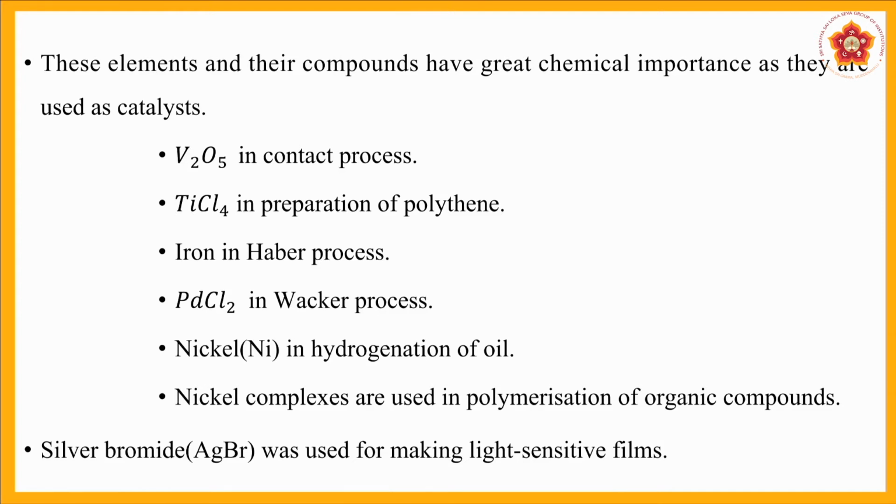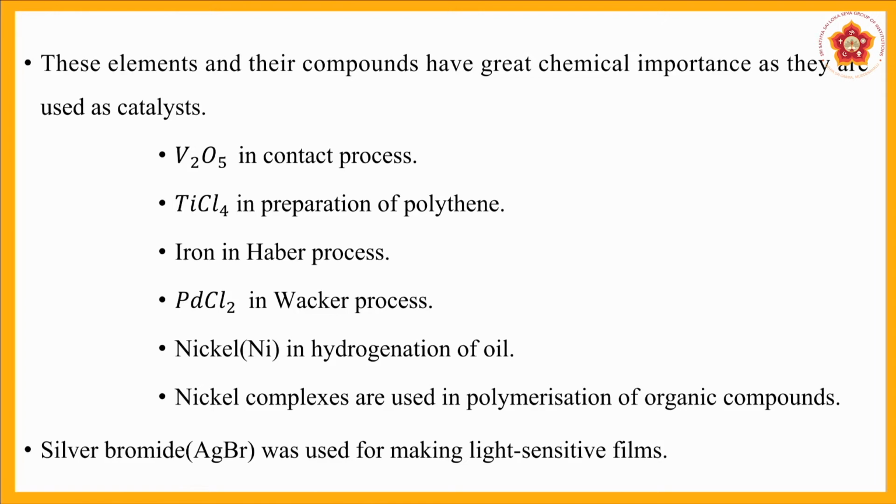The very first catalyst is V2O5, vanadium oxide, used in the contact process, which you must have come across in earlier classes, used for preparation of sulfuric acid. Then titanium chloride is used in the preparation of polythene. This we see in the polymer parts, where titanium chloride can be used as one of the catalysts.